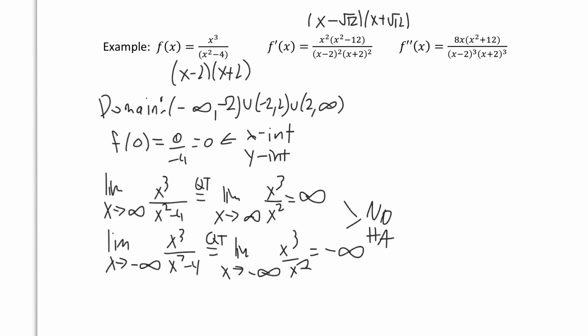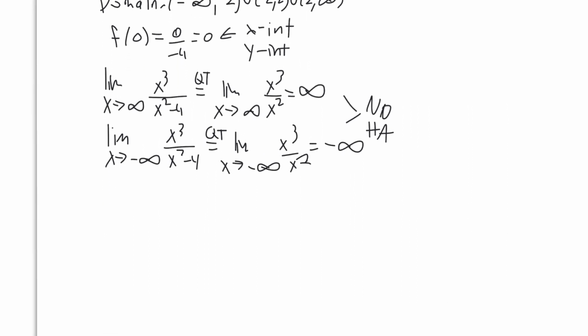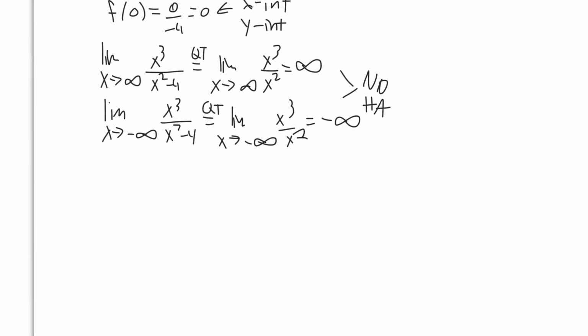Now we can go ahead and find the vertical asymptotes, which are going to happen at x equal to negative 2 and x equal to positive 2. Both of those are going to be vertical asymptotes based on the fact that they're coming from the denominator of f of x.